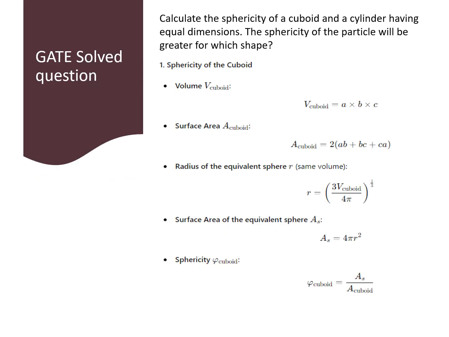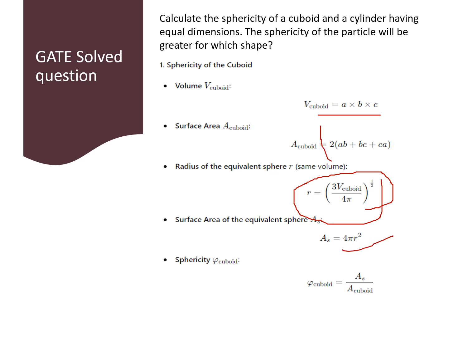So let's go on to a problem that has come in GATE. We have to calculate the sphericity of a cuboid and a cylinder that have equal dimensions, and find which has more sphericity, meaning whether a cube is more spherical or a cylinder. We know the volume of a cuboid. Once we have found it, we can equate it and find the equivalent radius or diameter and get the surface area.